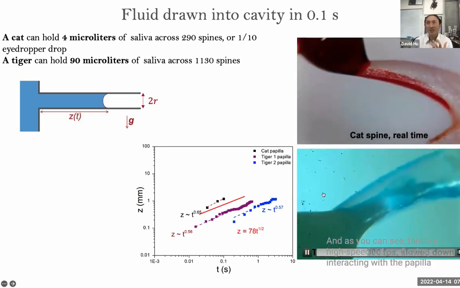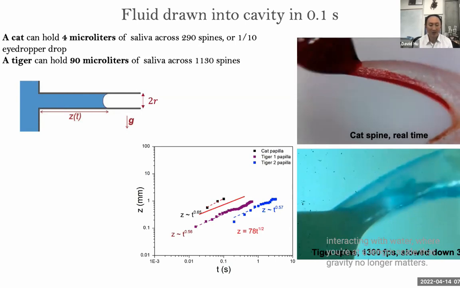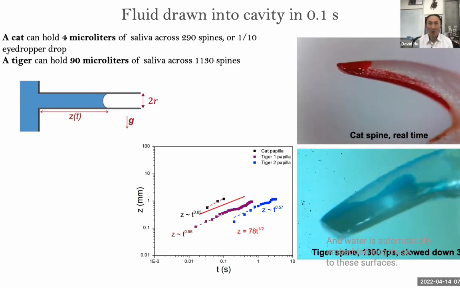As you can see, this is a high-speed video of a drop interacting with the papilla. The papilla is made of a hydrophilic material, and that cavity is of a length scale that you get automatic wicking. Wicking is a process that happens anytime you've got hydrophilic materials and small porous cavities interacting with water, where you're at a length scale that gravity no longer matters and water is automatically embedded into these surfaces.